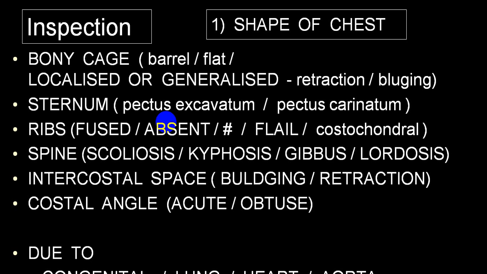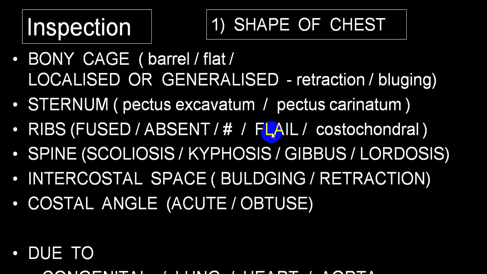So you might have one of the ribs removed if he was operated long back, say about 15-20 years back. Yes, you can have a chest deformity secondary to rib deformities, which can be due to fractures or maybe flail chest.